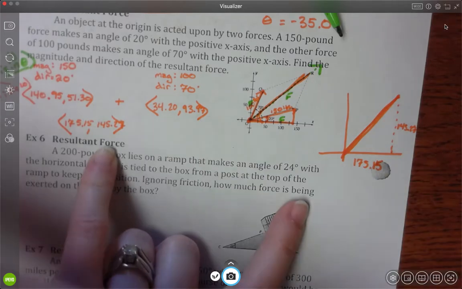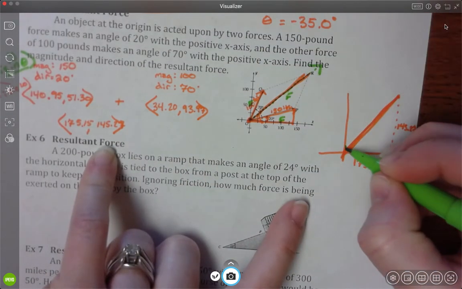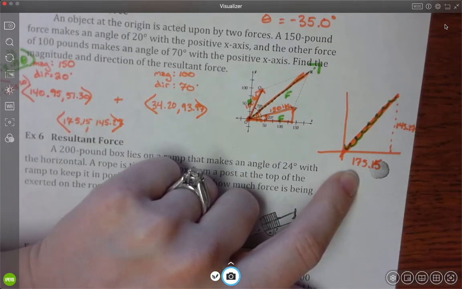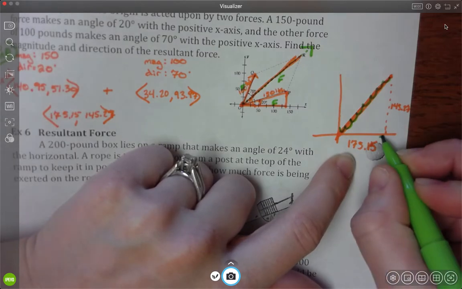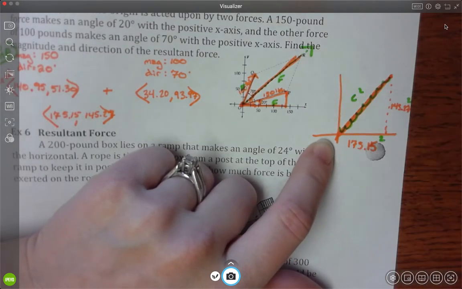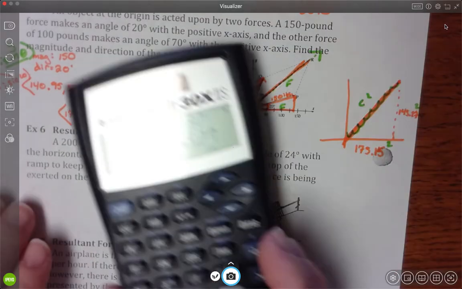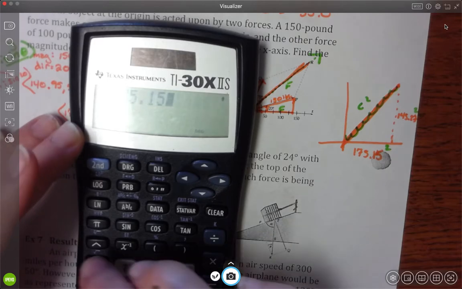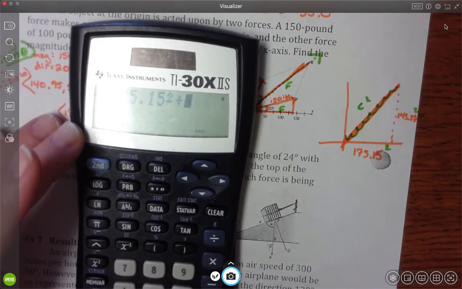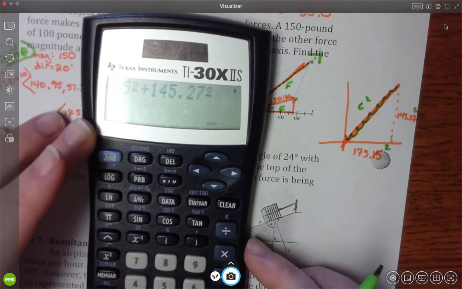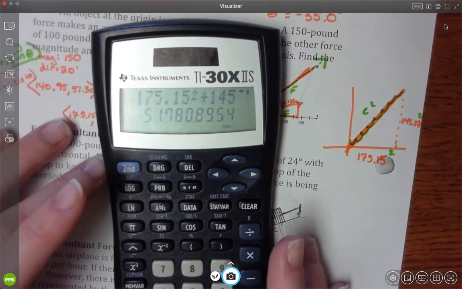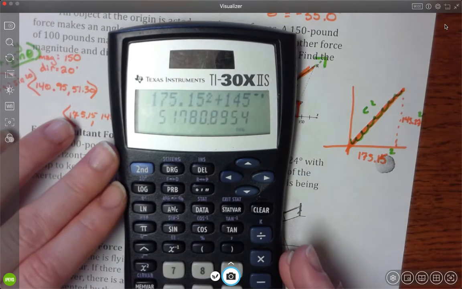Okay. And then I need to figure out what the length of this vector is. Well, I can just do the Pythagorean theorem with both of those, right? This guy squared plus this guy squared is my c squared, okay? If I do this, 175.15 squared plus 145.27 squared, that is, I might have to plug it in, 51,780, but I want to take the square root of that.